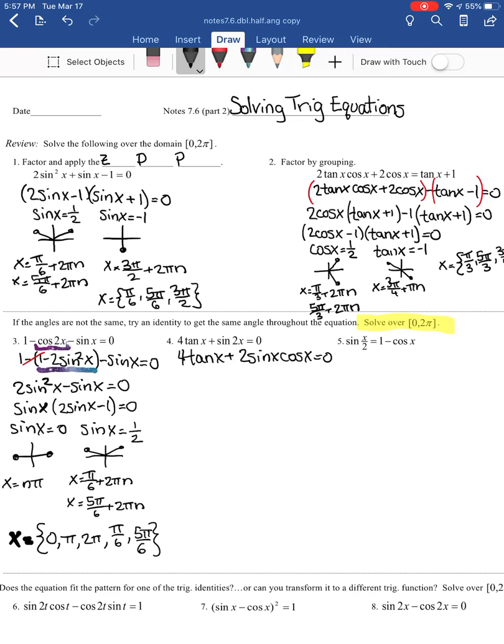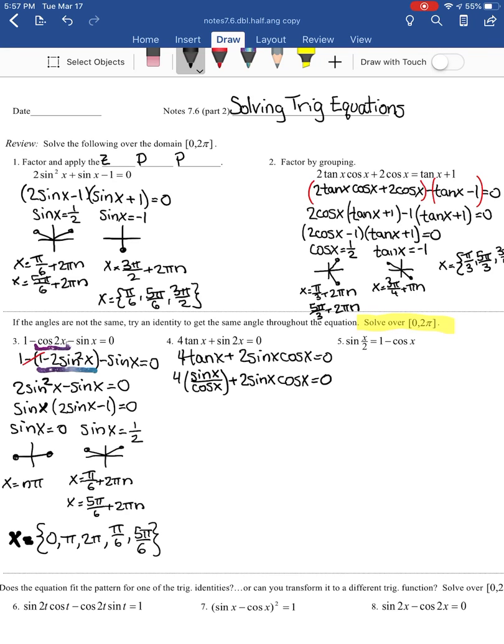Okay, so I've got 4 tangent x plus 2 sine x cosine x equals 0. Nothing I can pull out so far, so I might change my tangent into sines and cosines. So if I do that, it's a little bit harder to write on my iPad, I apologize guys. Sine x over cosine x plus 2 sine x cosine x equals 0. And maybe I want to get rid of the denominators, right?